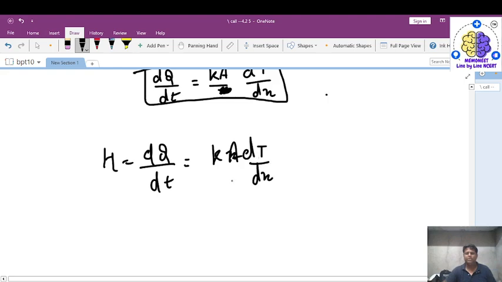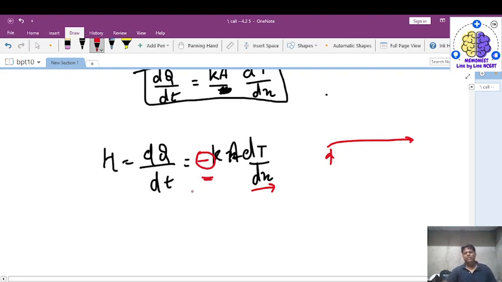Now there will be a minus sign when we write this. Why is this minus sign here? Because when we move in the direction of x, from the end which is being heated to an end which has not been heated, the temperature decreases. Therefore, this minus sign comes into the picture.